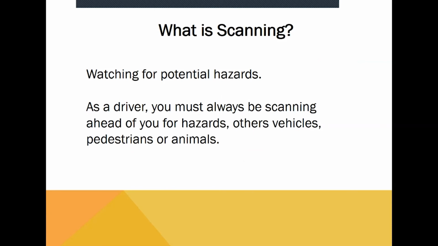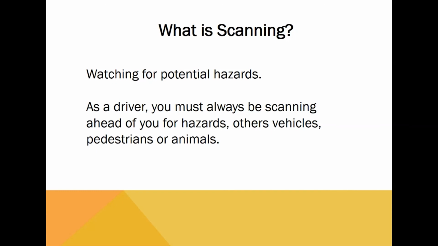So what is scanning? It talked about scanning a little bit, where you're always watching for potential hazards. And by rule of thumb, they say that drivers should be scanning every 45 seconds or a minute. Your eye should not just be fixated on one single point in the road.